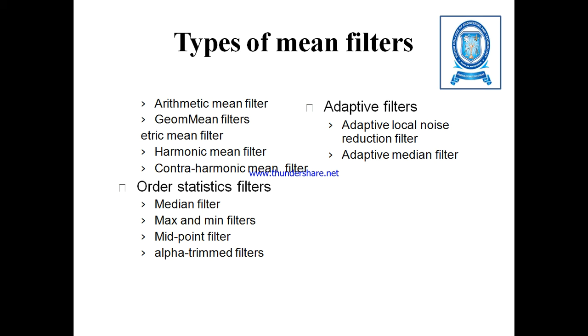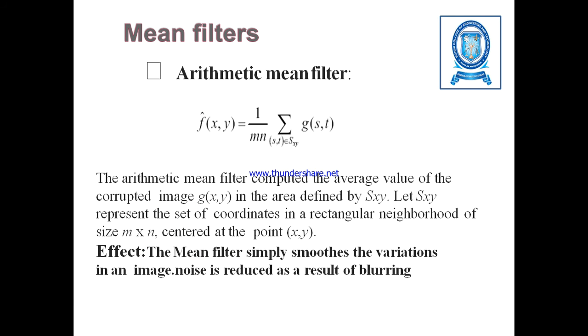Now let's see one by one how the filters operate and in which case each filter is applied. First is the arithmetic mean filter. We choose the arithmetic mean filter to compute the average value within a particular image area.